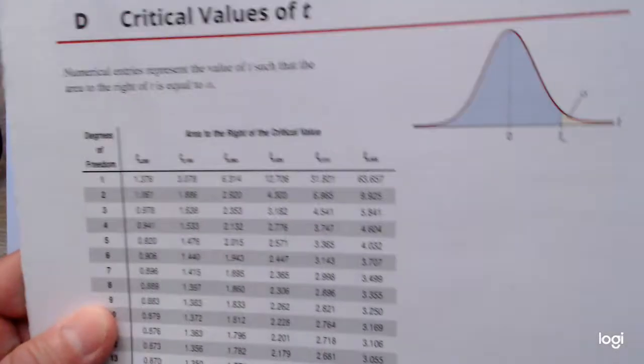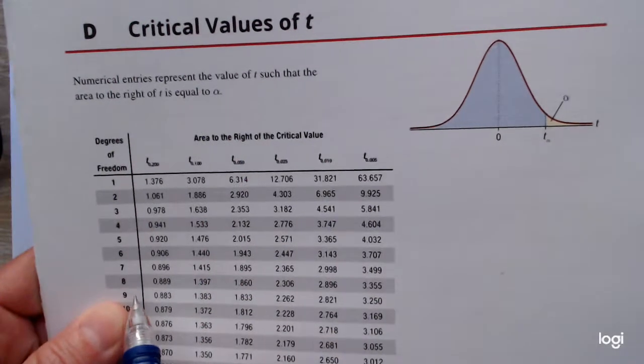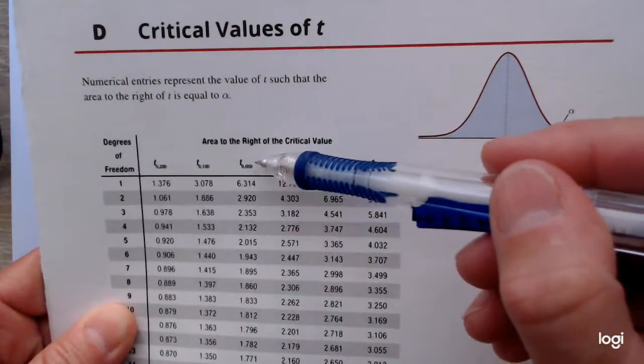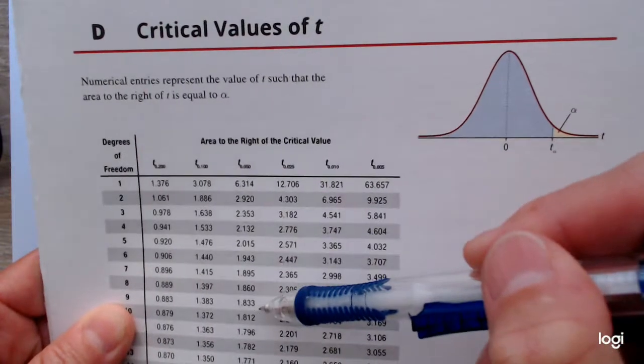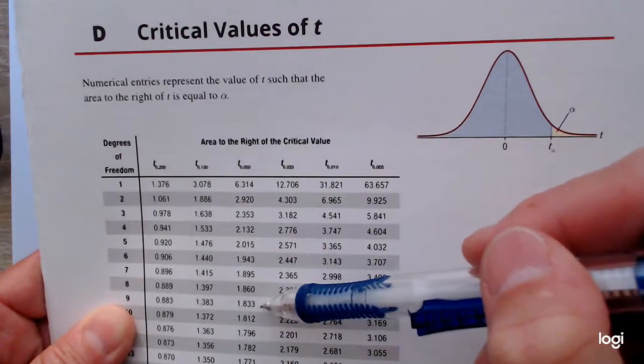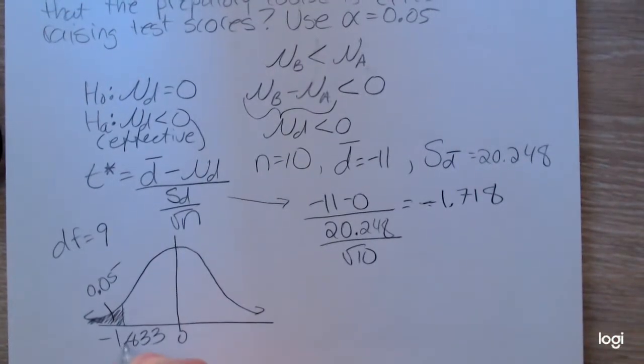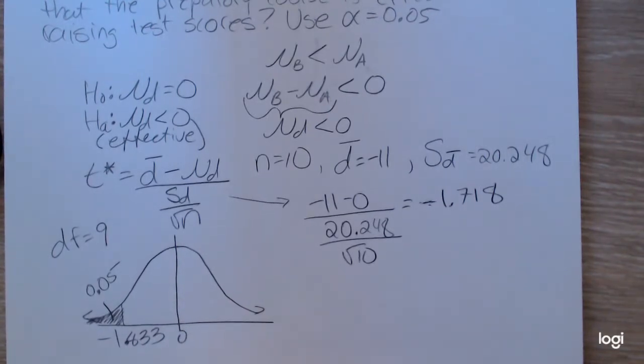So reading down to 9 degrees of freedom over to 0.05, that would be this column. The critical value is -1.833. If you have an inverse t-distribution in your calculator, you could use that and put in a cumulative area of 0.05 with 9 degrees of freedom and get the same value.